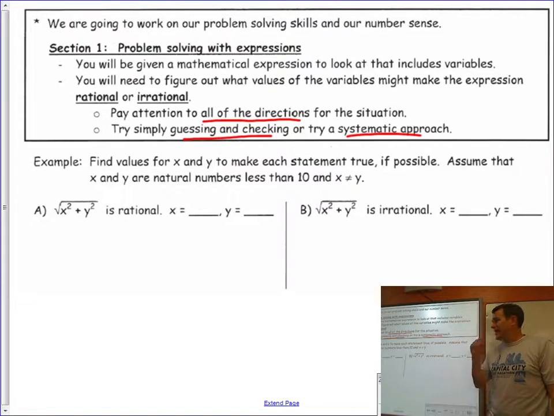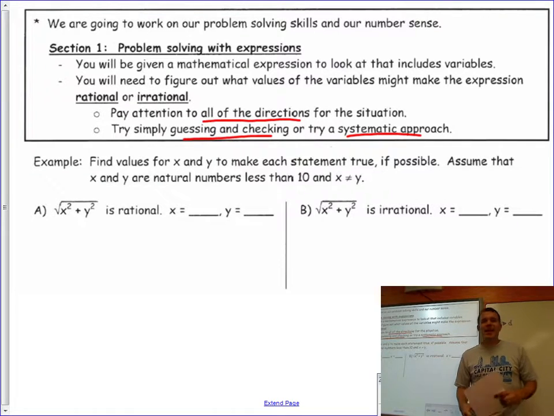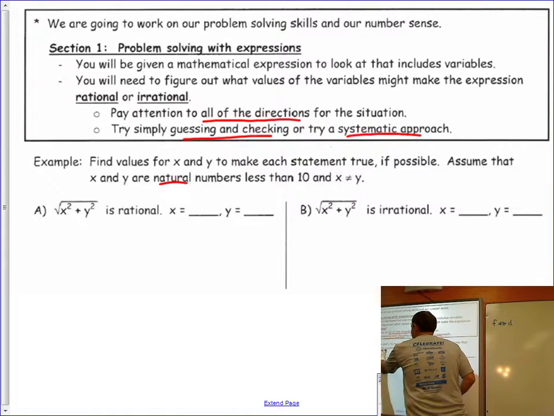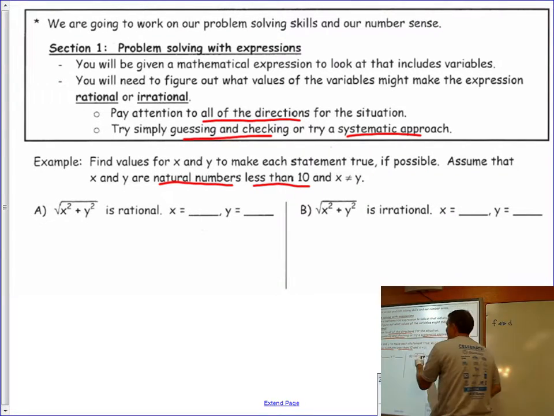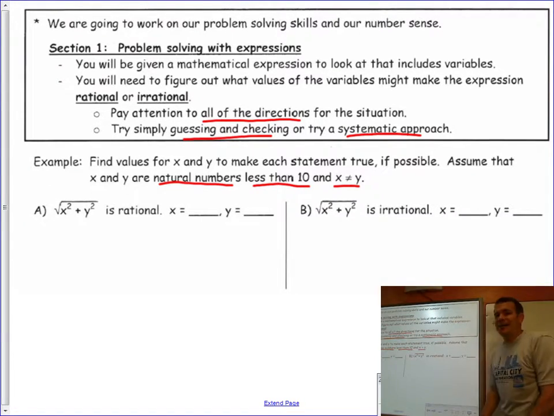It says, find values for x and y to make each statement true if possible. Assume that x and y are natural numbers less than 10 and x cannot equal y. Now these are 3 important points, and this is what I mean by making sure you read all the directions carefully.